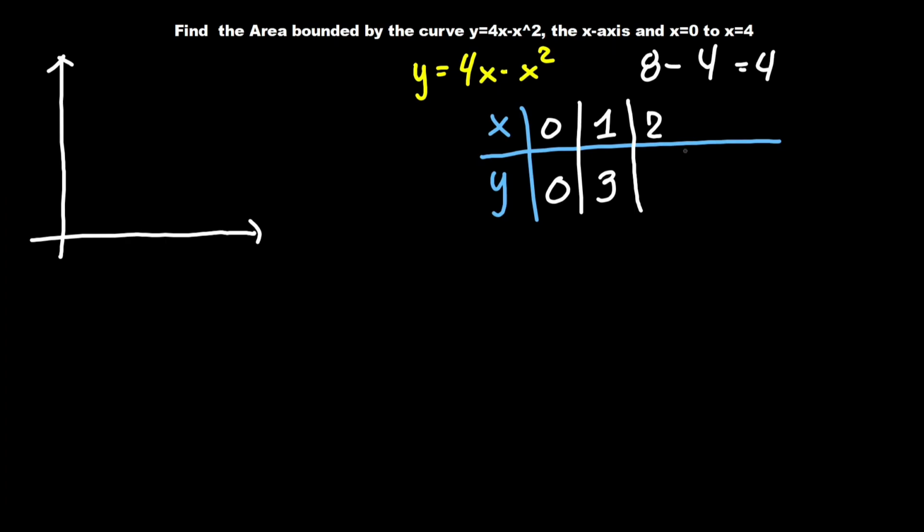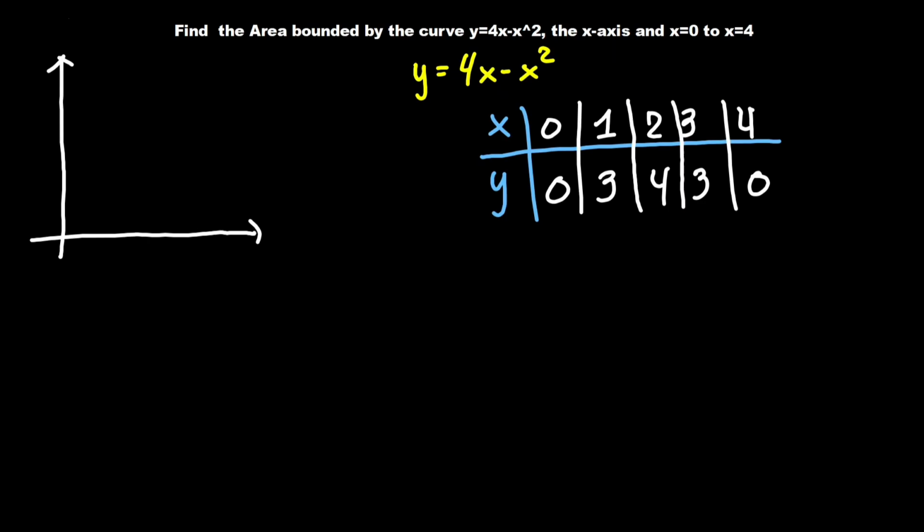So this would be equal to 4. If x here would be equal to 3, y here would be also equal to 3. X would be equal to 4. Y here would be equal to 0. And we can stop here because our upper limit is x equal 4.